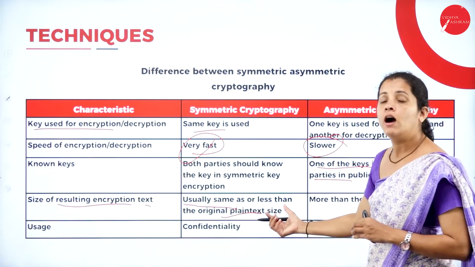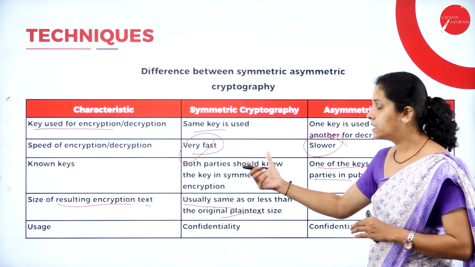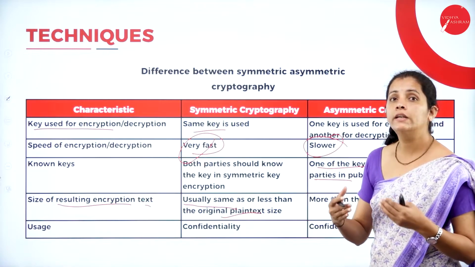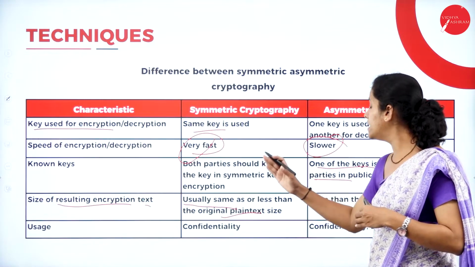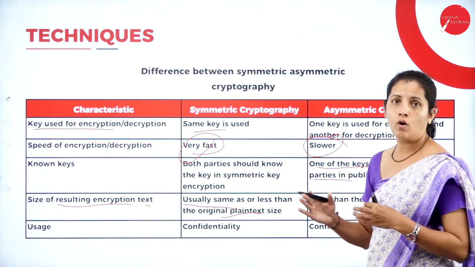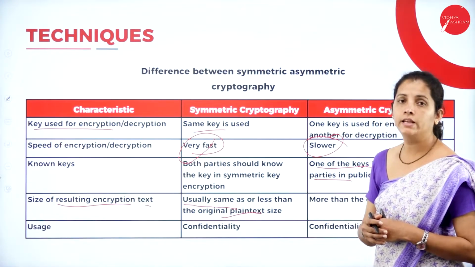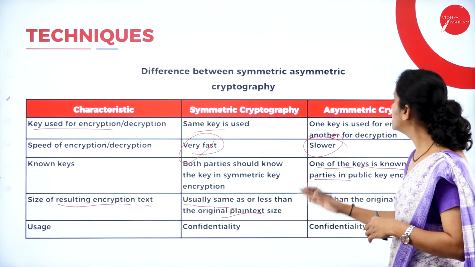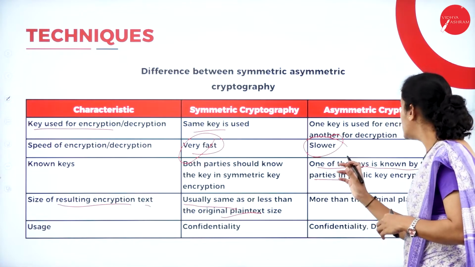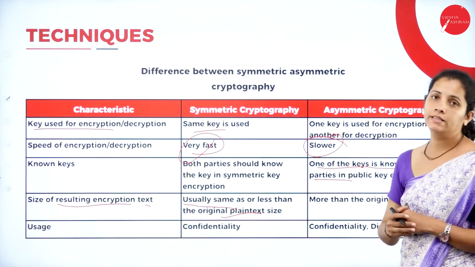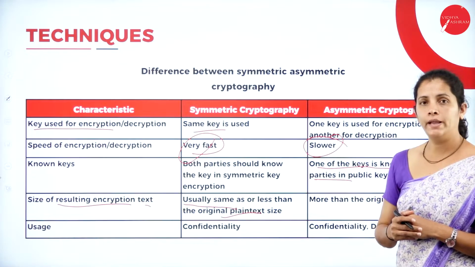That means after applying the encryption algorithm, the size of the data I get is the same as or less than the plain text. But in asymmetric cryptography, the size of the data is always more than the plain text.